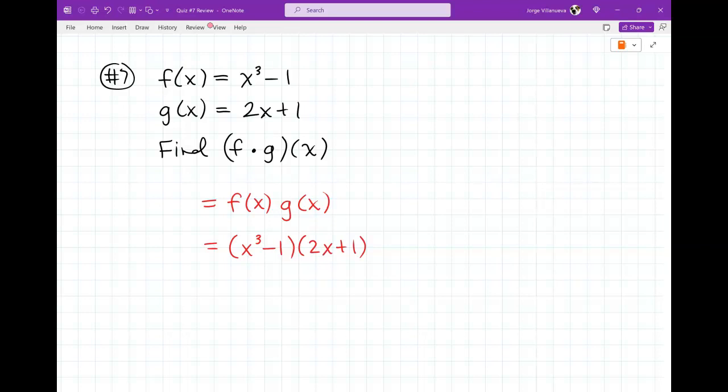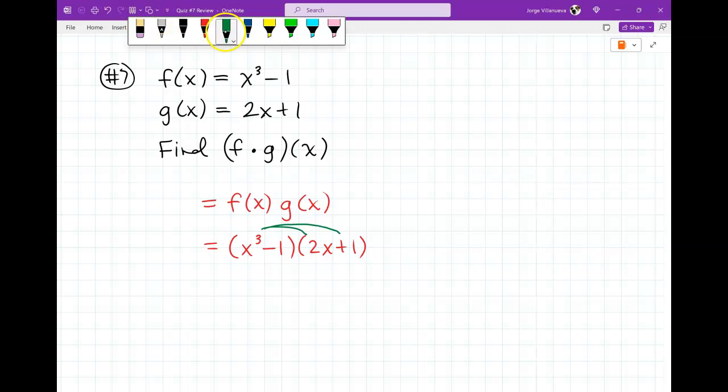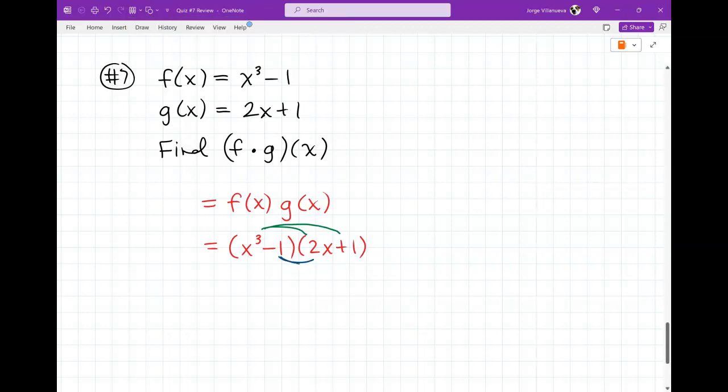Again, I'm going to do this using distribution first. Then I'll show you how to do it using the box method, and then we'll move on. Okay, so here we go. We're going to do the green parts first, then the blue parts second when you go with distribution.